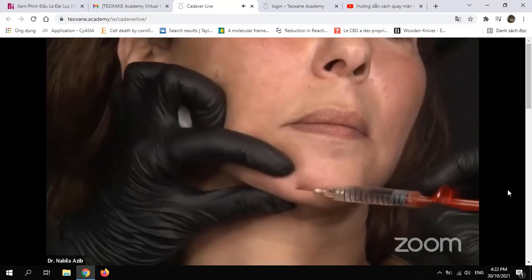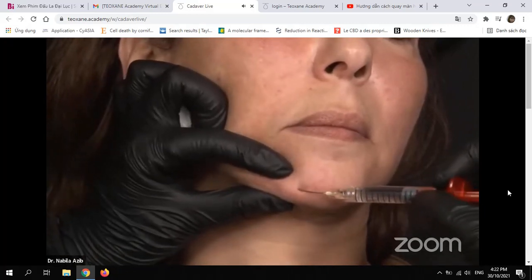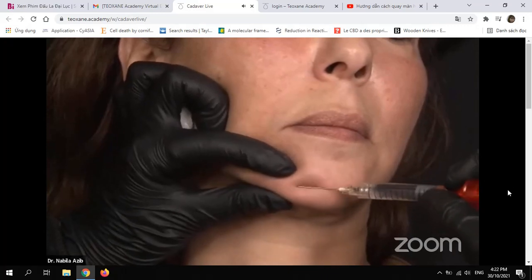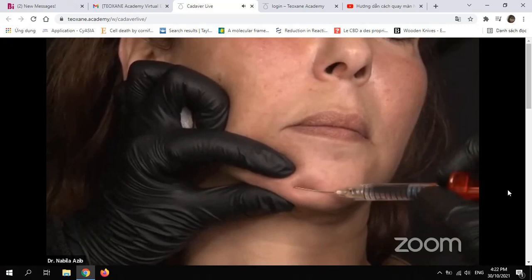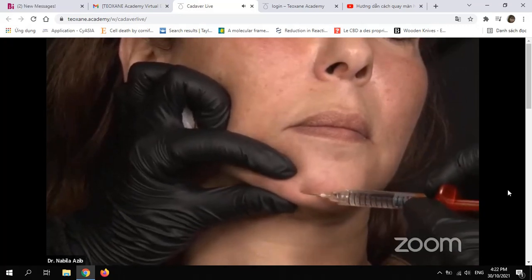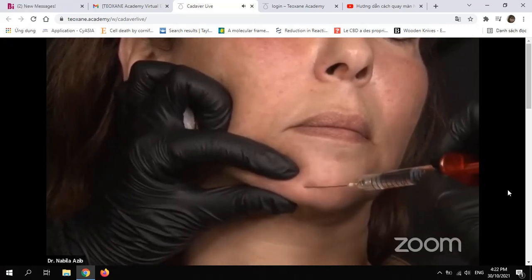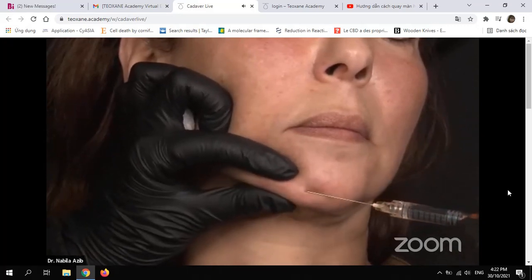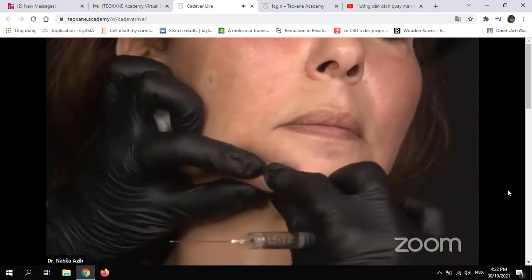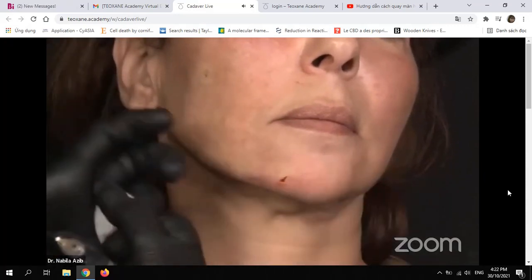Of course, both are possible. HA is filling and hydrating and also stimulating the collagen. Maybe hydroxyapatite, of course, is made to stimulate the collagen. This is maybe the main advantage.